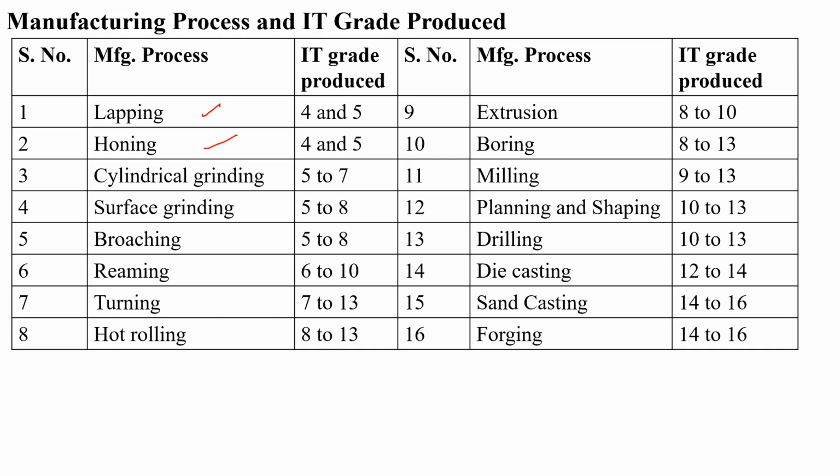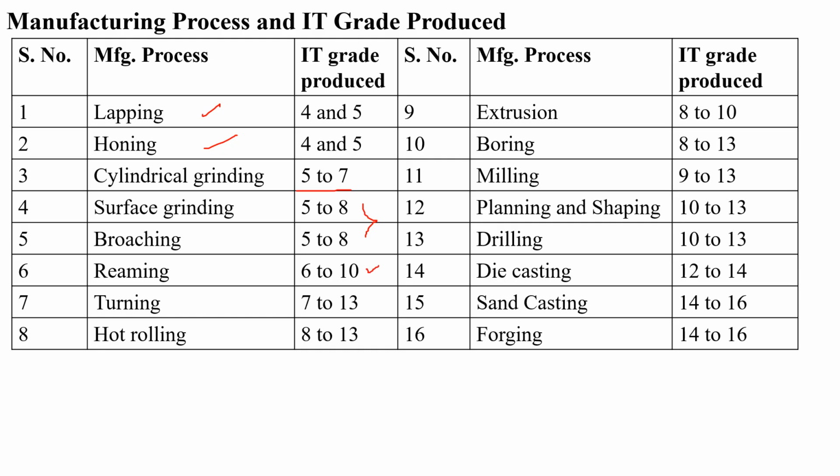Cylindrical grinding produces IT5 to IT7. Surface grinding and broaching are 5 to 8, and reaming is 6 to 10.